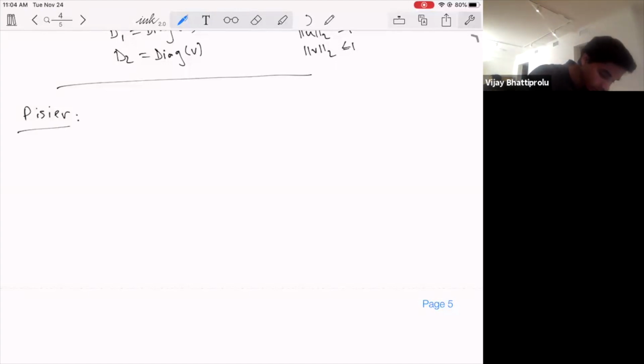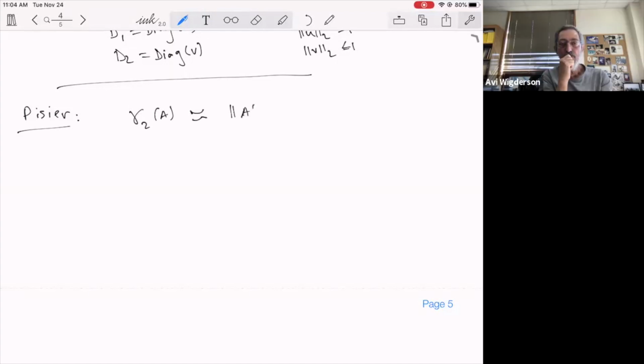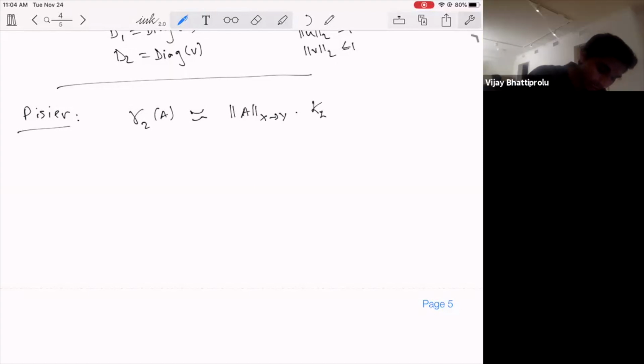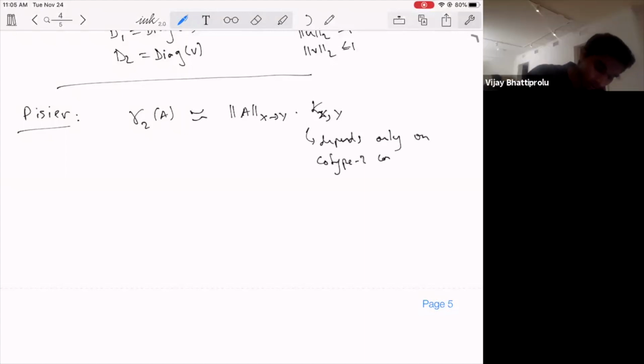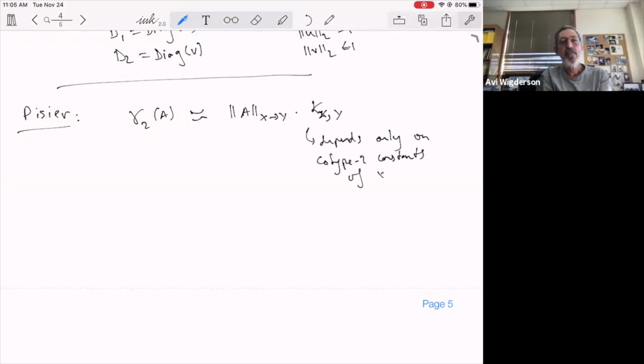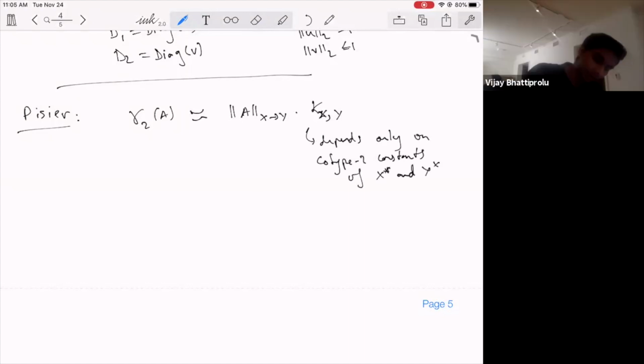He shows that if you don't want this additional diagonal factorization, and you're happy with any factorization through L2, this holds in much more general settings, and you can show gamma 2 of A is approximately the operator norm of A, up to some constant k(x, y) that depends only on cotype 2 constants of x star and y star.